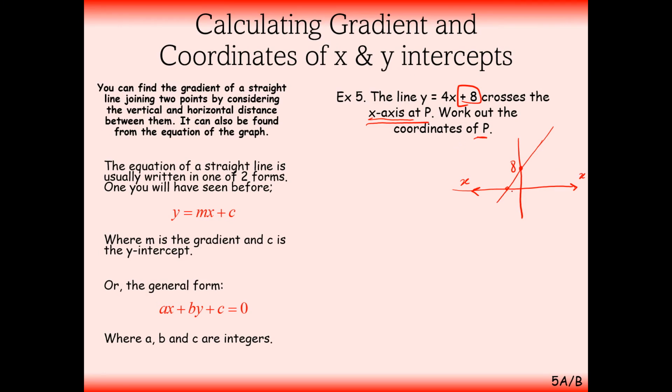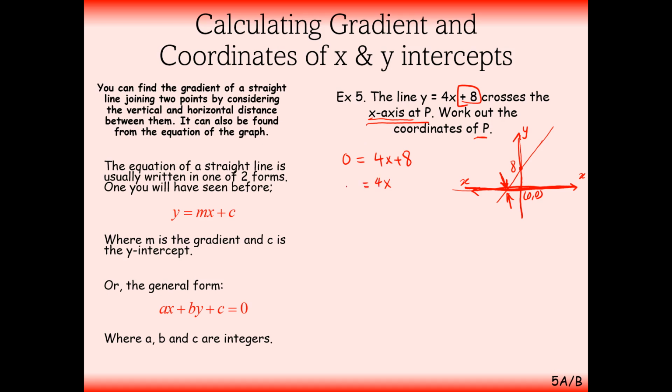So how do we do it? We ask, what's the y value here? Look at it, y is coming down from 8 to 0. The origin is x and y both 0. The y value remains at 0 on the x-axis. We've discussed this many times before if you've watched my videos from previous chapters. So you set the y value equal to 0, and 4x plus 8 equals 0 is the equation we're solving for x.